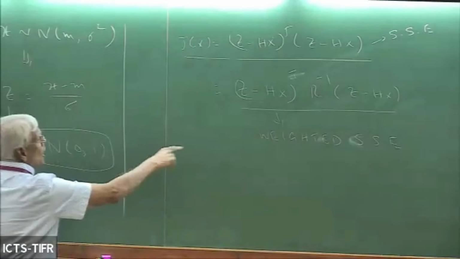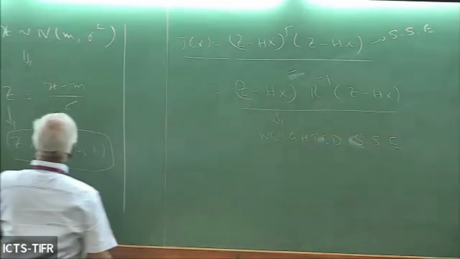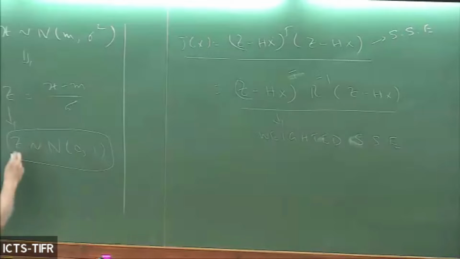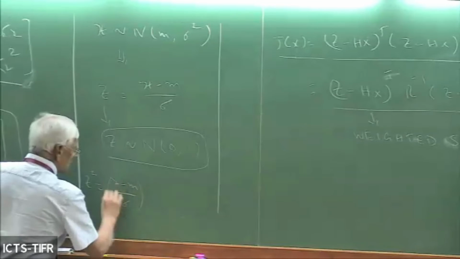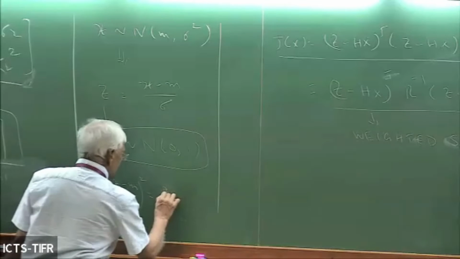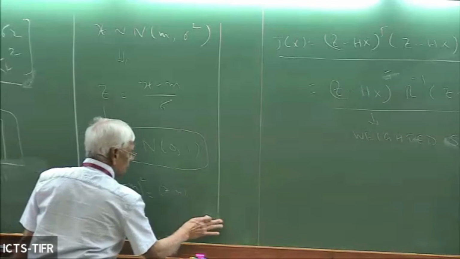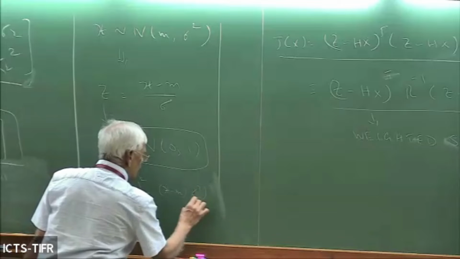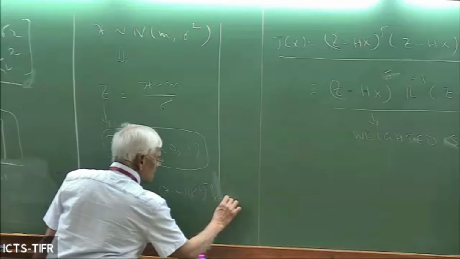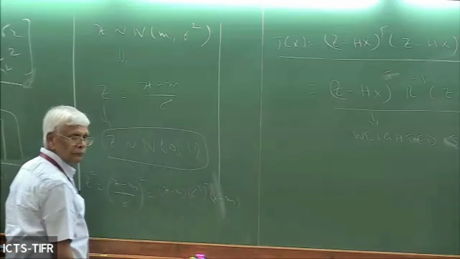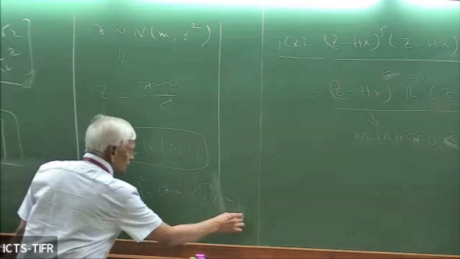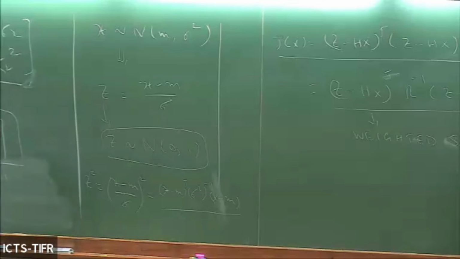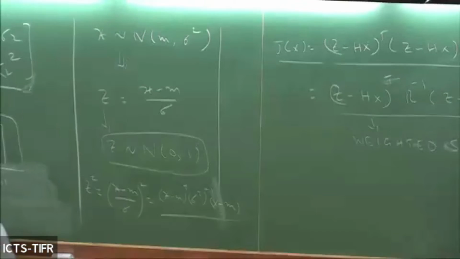Now, I want to show that this weighting is related to this. So let's find out z square. What is z square? It is x minus m over sigma, squared, which I can write as x minus m, sigma square inverse, x minus m. X minus m is a scalar, so without loss of generality, I can put the transpose. What is sigma squared to the power minus 1?